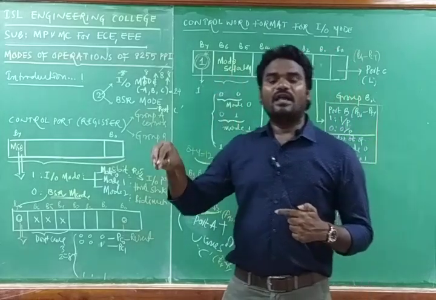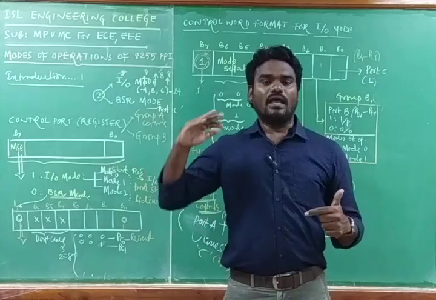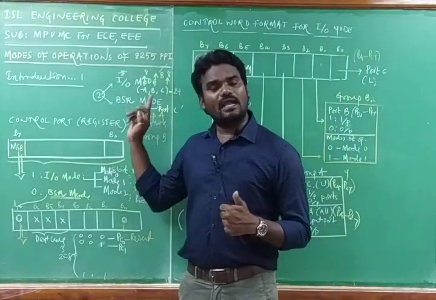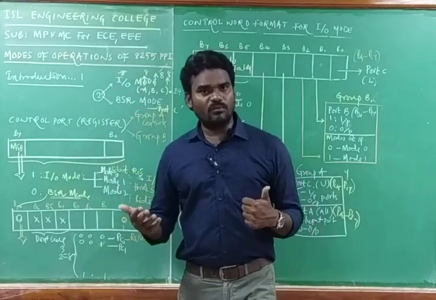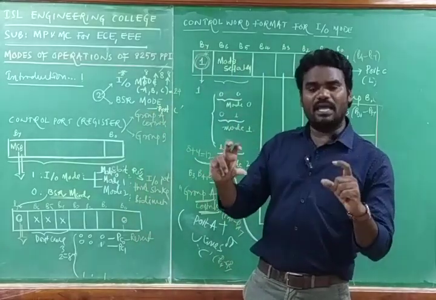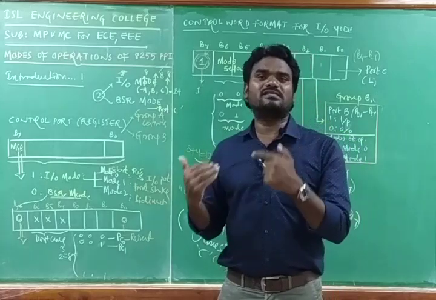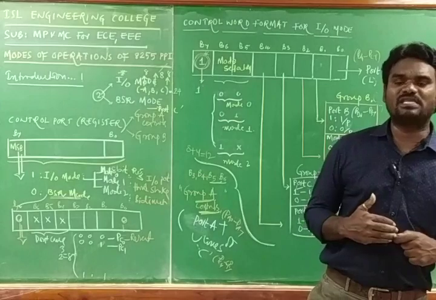It can be programmed to operate in the IO mode of operation and the BSR mode of operation. IO mode is further classified into 3 modes: mode 0, mode 1 and mode 2. And BSR mode is simply used to set or reset the port C signals. Port C signals are nothing but PC0 to PC7.